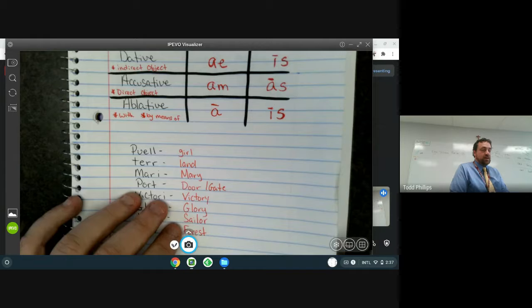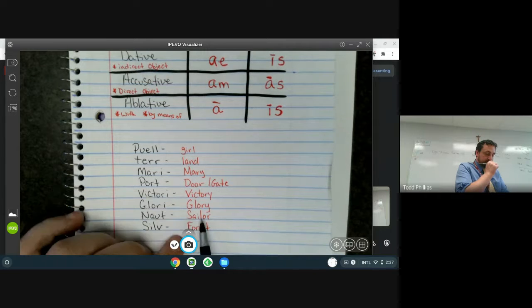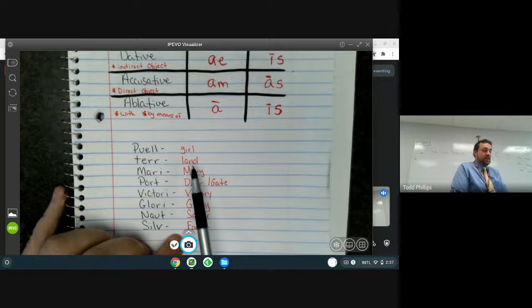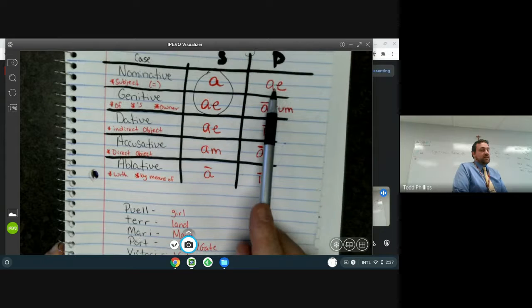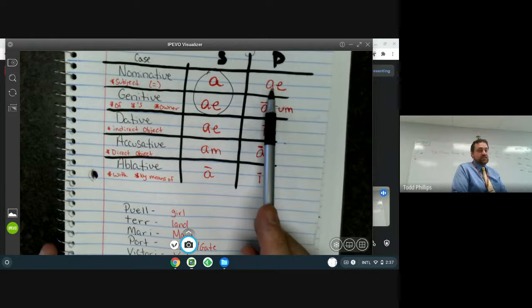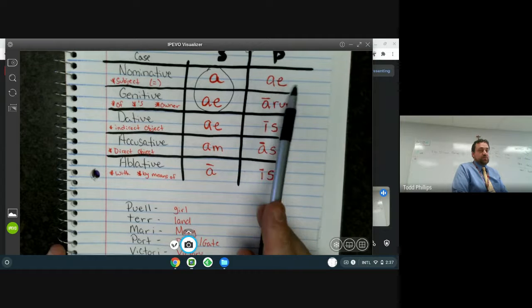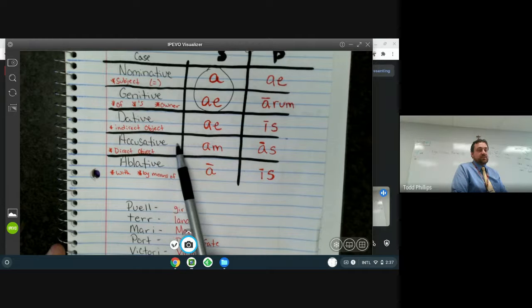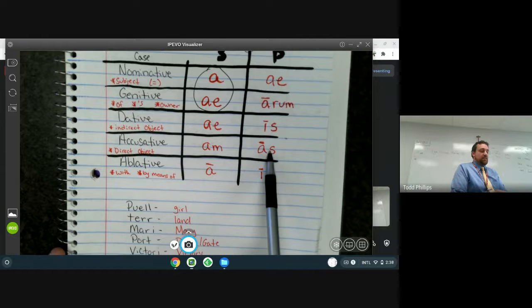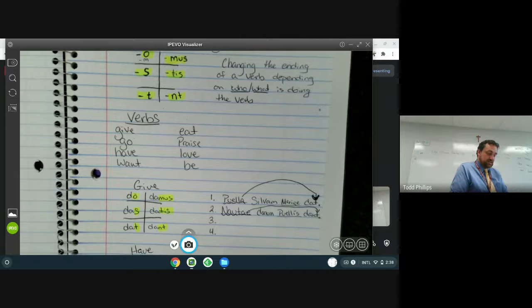Puellae, the girls. I'm going to use the nominative puellae here. Let's say they have lands. We're not going to do terrae because lands aren't nominative. The sentence isn't about the lands doing the thing.